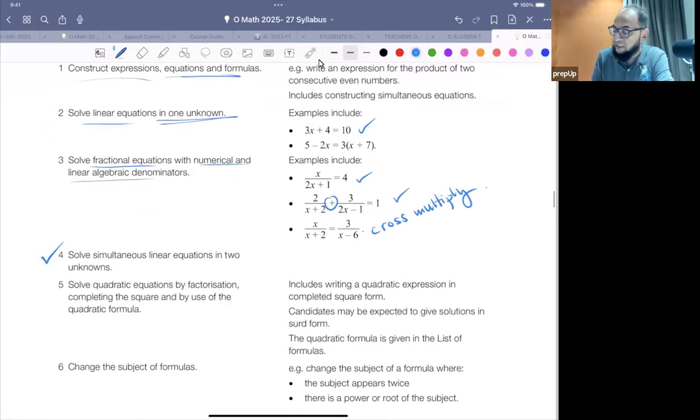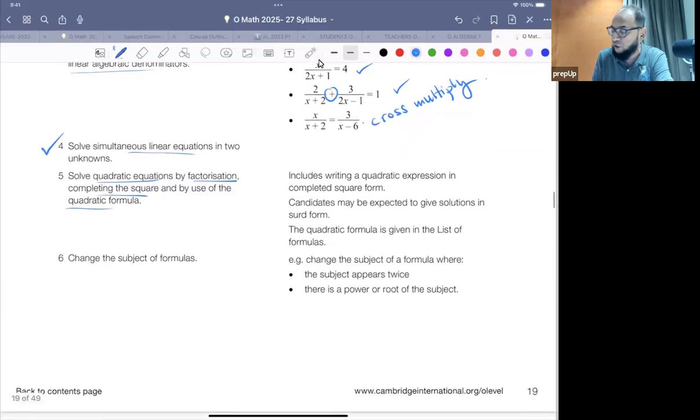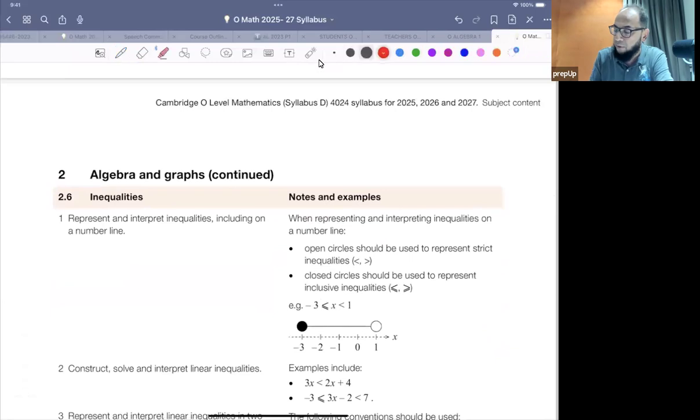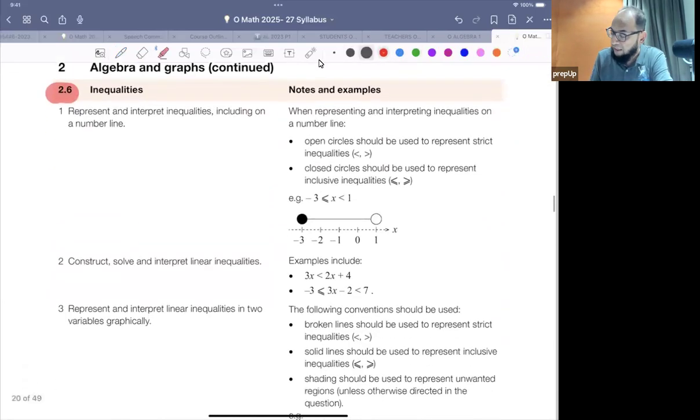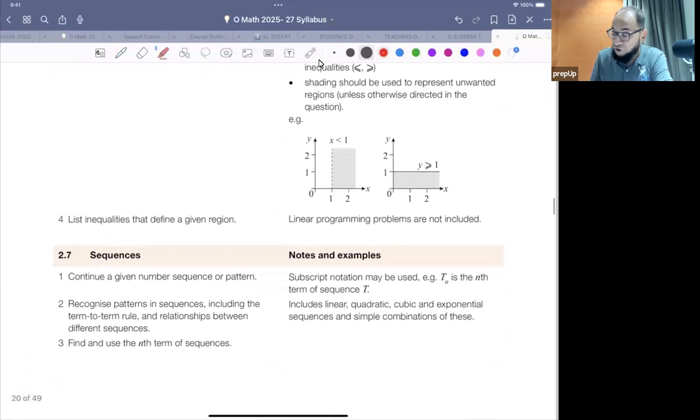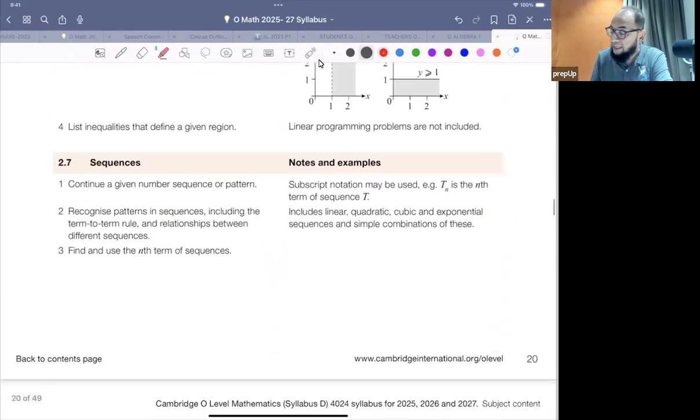Solve simultaneous equations in two unknowns. Solve a quadratic equation by factorization, completing the square, and by using the quadratic formula. Change the subject of the formula. And then we talk about inequalities, number line, and so on. Then shading with the inequalities, sequences.